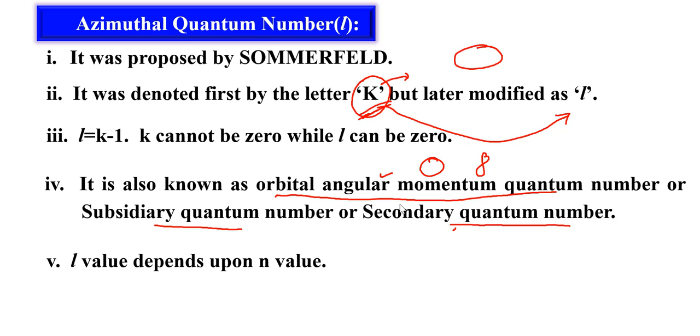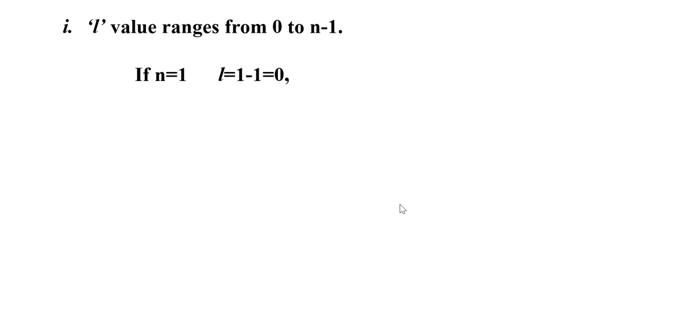L value depends upon N value. Now we are talking about only the L value. L values range from 0 to n minus 1. If n equal to 1, the L value will be 0 only. Next, if n equal to 2, L equal to 0, then 1.